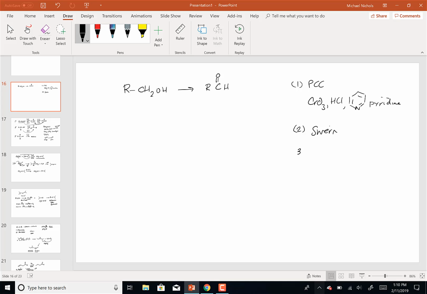And then what's called Dess-Martin periodinane, which is also abbreviated DMP. That uses what's called a hypervalent iodine.